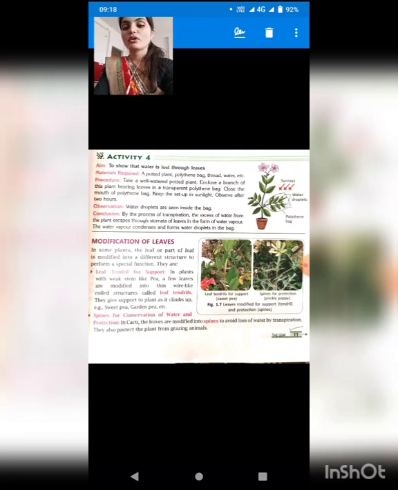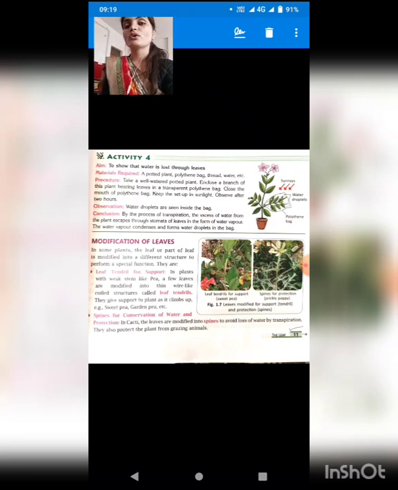The picture on your screen is of prickly poppy. Here you can see the leaves are modified into spine. Why are the leaves modified into spine? To reduce the rate of transpiration, meaning to reduce the rate of water loss.